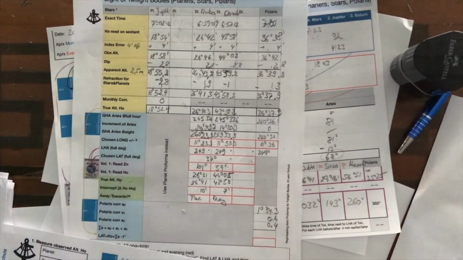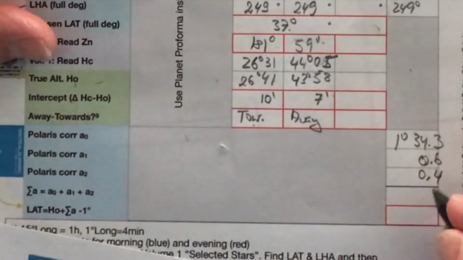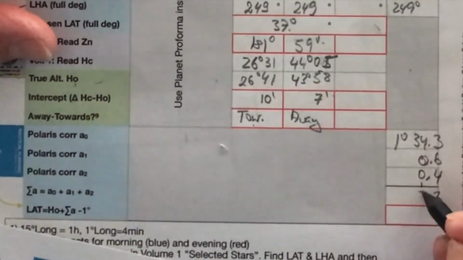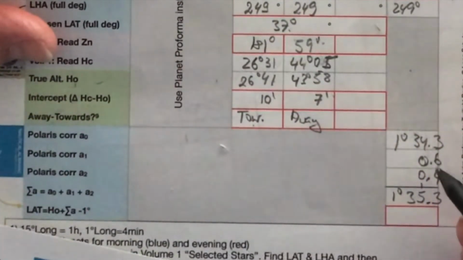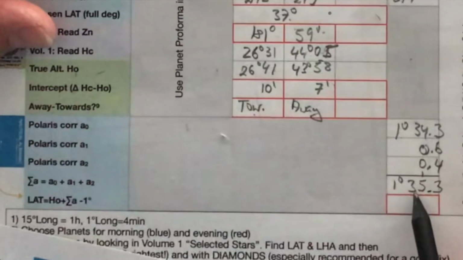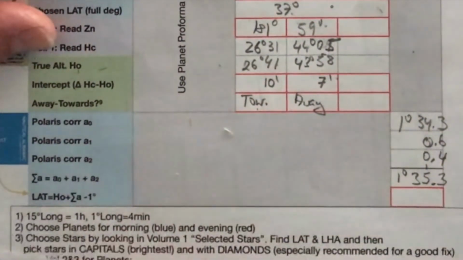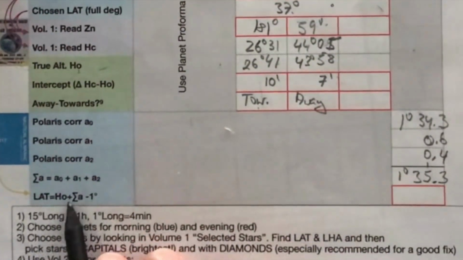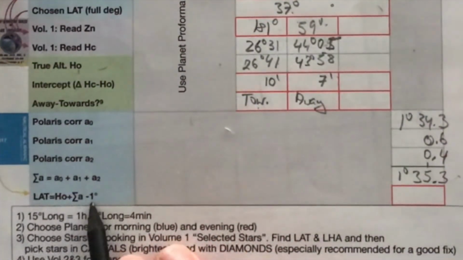So now, in my template, I have to add all these corrections. So that's what I'm going to do here. All these corrections are 1 degree and 35.3. And the latitude is the observed altitude plus these minus 1 degree.